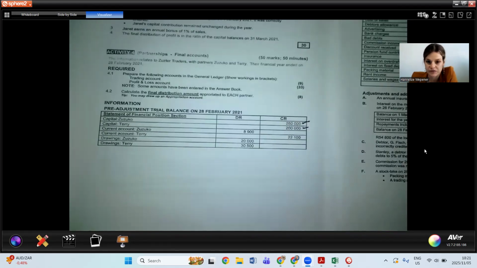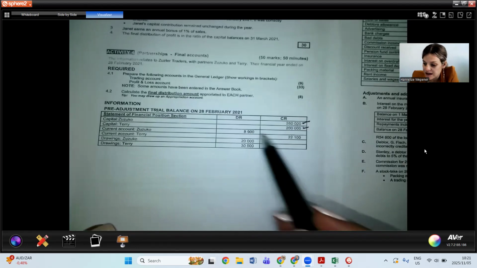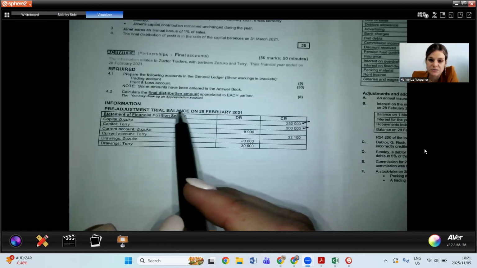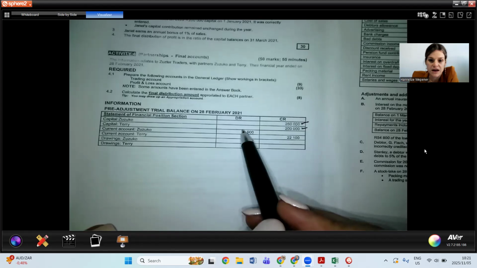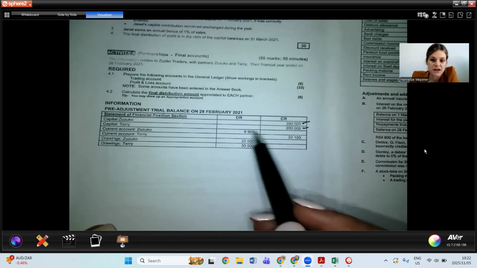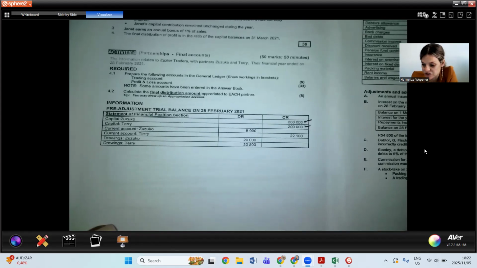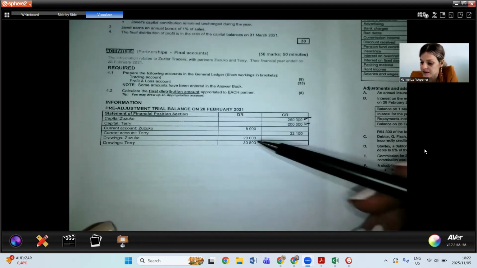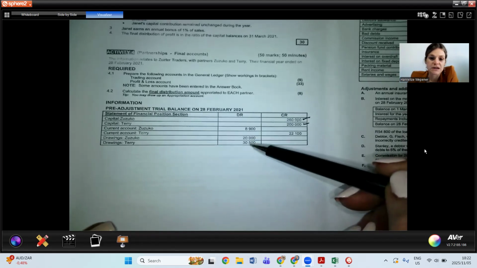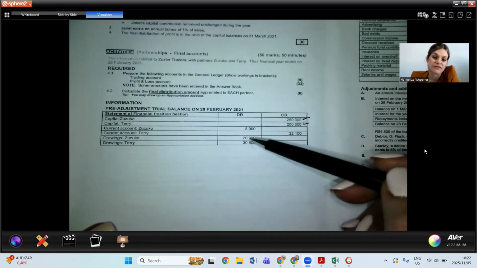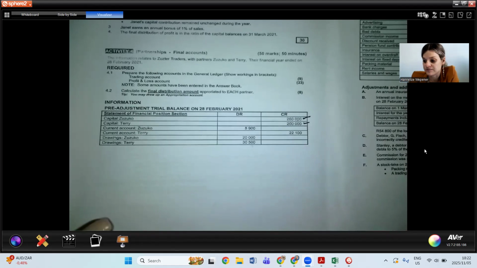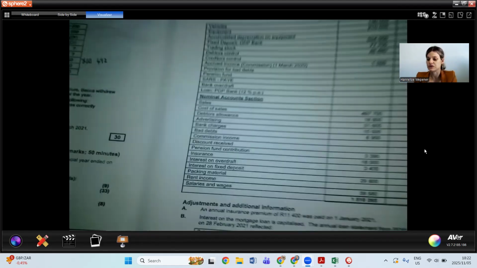I've now used that information. Then with the current accounts here, it just says pre-adjustment trial balance, so I do not yet know if these are my opening balances or my closing balances. I would have to see moving forward. Then my drawings, those are the amounts that I'm starting out with now, but it's not to say that these are the final amounts. So same thing, I'm just going to hold on to it for now.